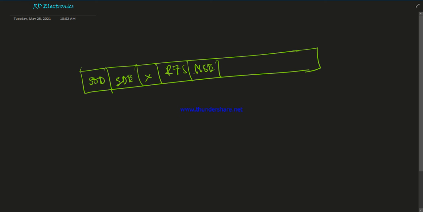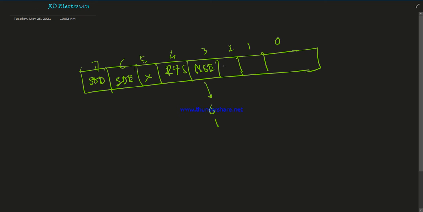One thing should be remembered: when this bit equals 0, then these 3 bits, that means 0, 1, 2, this is 3, this is 4, this is 5, this is 6, this is 7, are ignored. And if this is 1, then the 3 bits are set as masks.